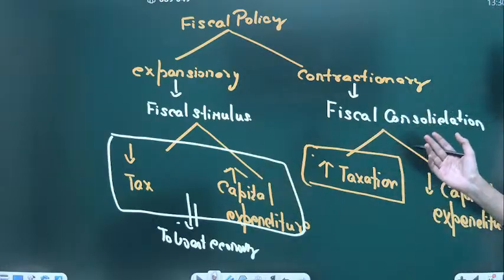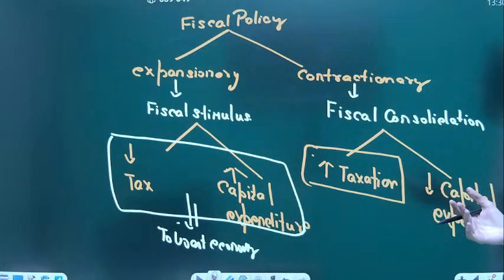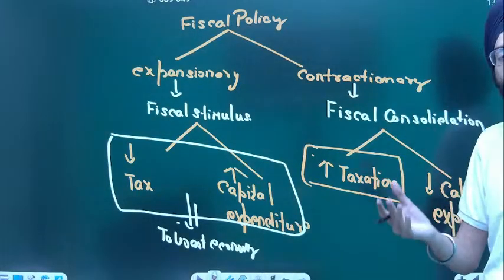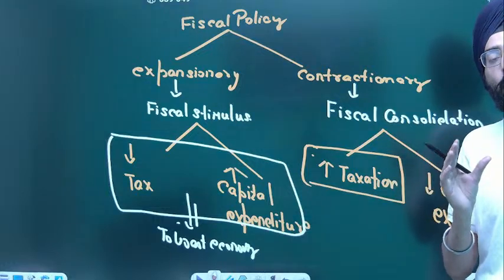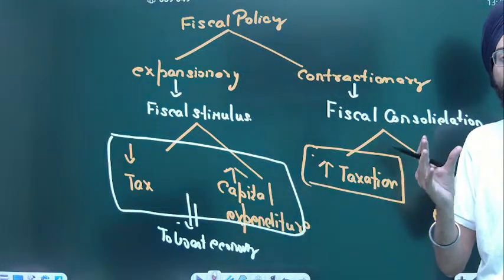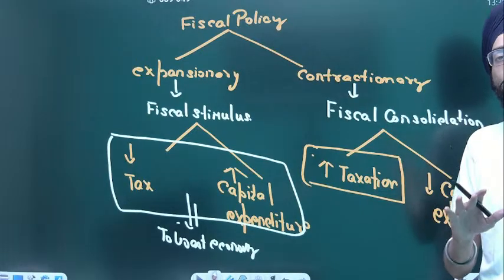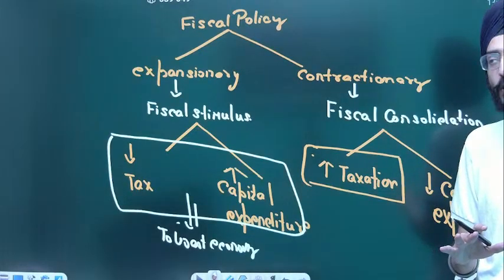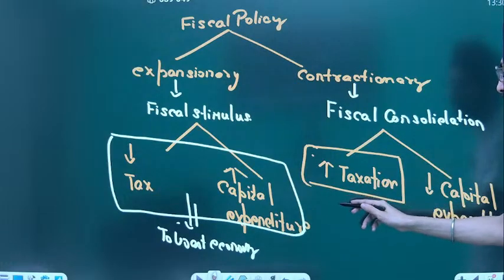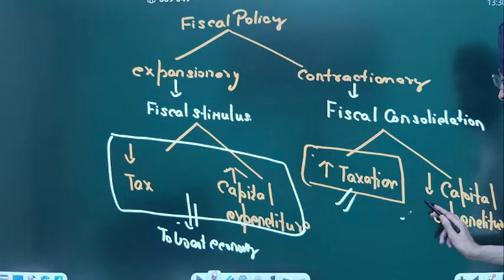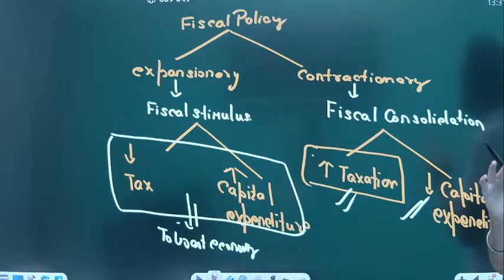Contractionary is again a counter method. When there is too much hyperinflation, in order to control the demand and the consumption of people, the government reduces the money supply, or money flow, in the economy. For example, it will increase tax and reduce capital expenditure to squeeze money out of the economy in order to control inflation.